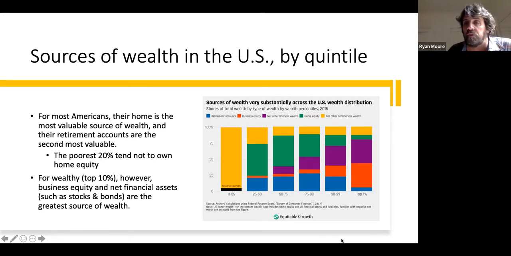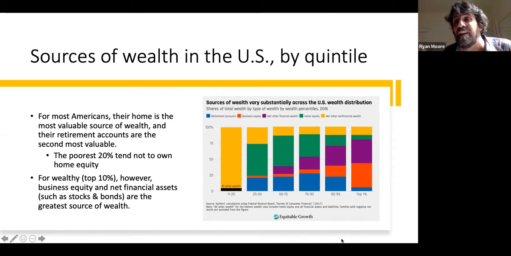And also their business equity. And that stuff dwarfs the amount of wealth that they own in, say, their retirement accounts or even their homes. I mean, when we're talking about the top 1%, those are probably people that own 5 or 6 homes or something like that.